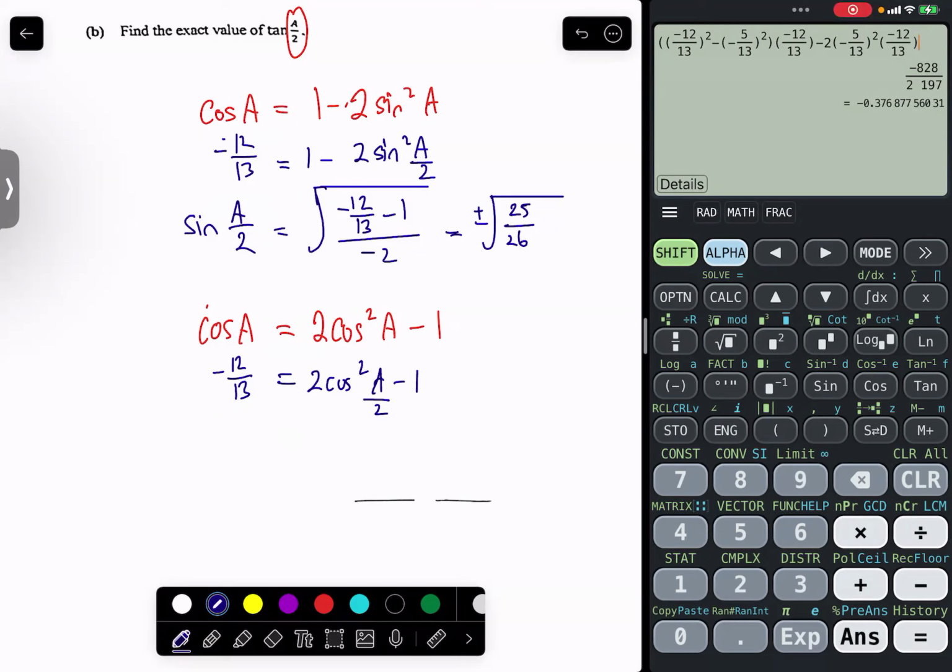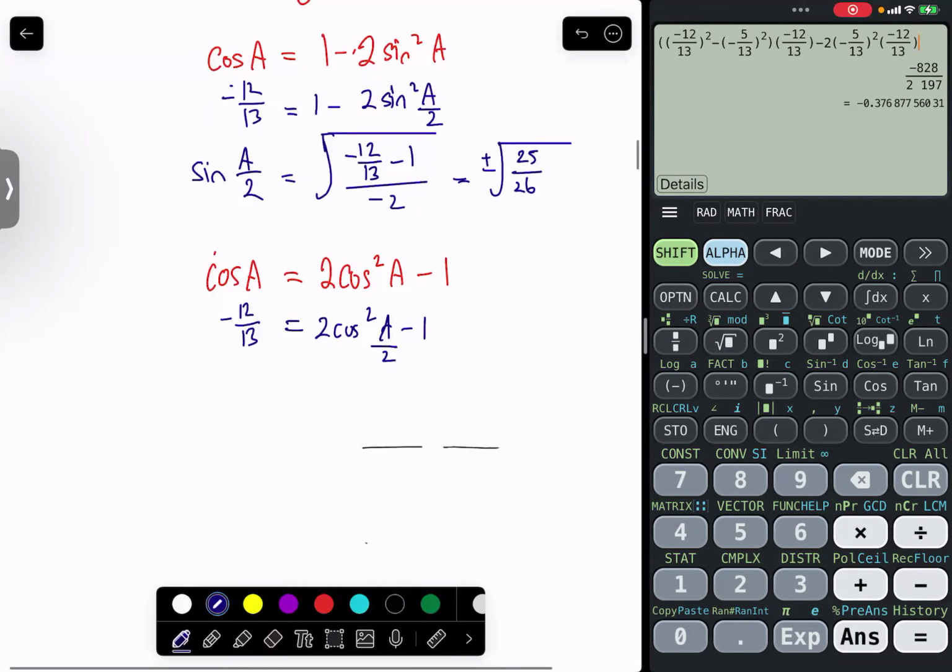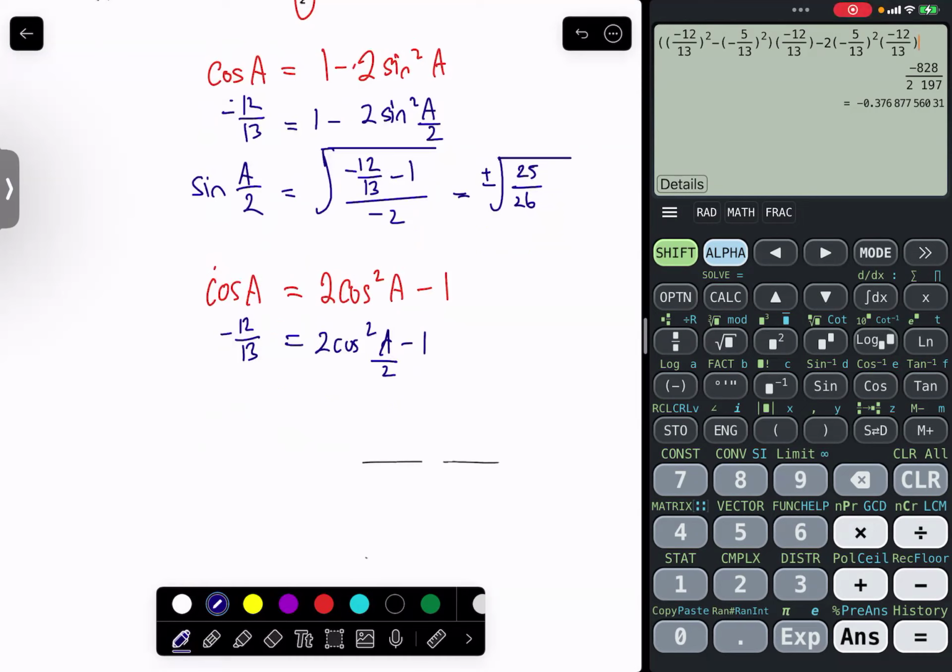Okay. So we'll have, okay, let's try. This would be 2 cos²(A over 2) equals 1 over 26.